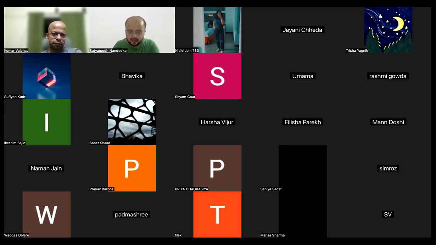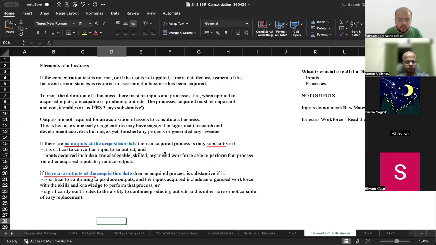Now, in this case, say if the other entity that I am acquiring, is there an output on the acquisition date? If there is an output on the acquisition date, the process is substantive, as in the process counts for something if it is critical to convert an input into output, and inputs acquired include a knowledgeable, skilled, organized workforce. यहाँ पे अगर आप condition देखोगे तो and condition है, दोनों चाहिए. Process is critical to convert input to output, and inputs acquired include a knowledgeable, skilled, organized workforce able to perform that process on acquired or any other inputs.